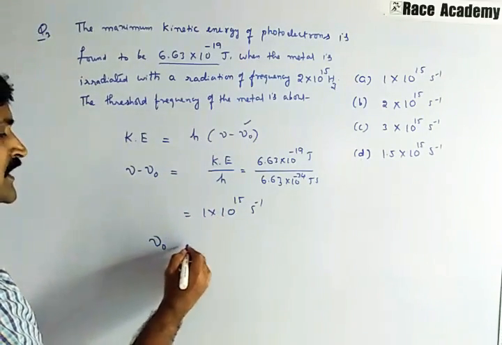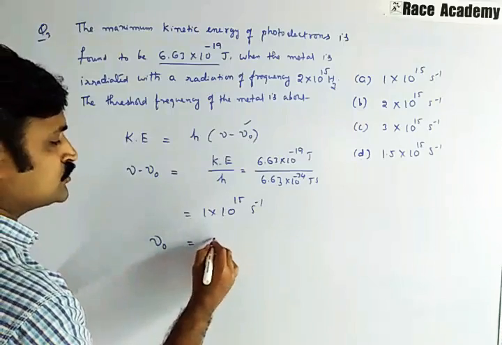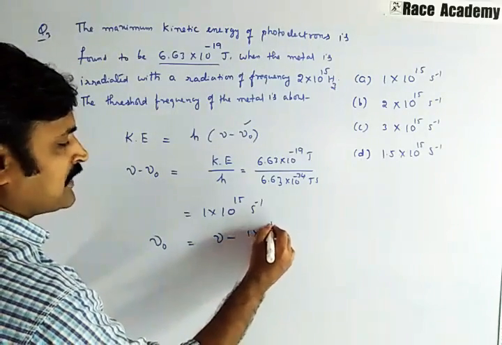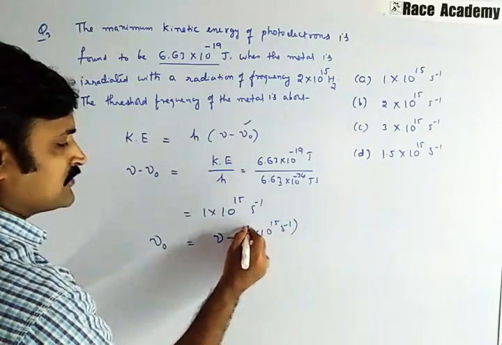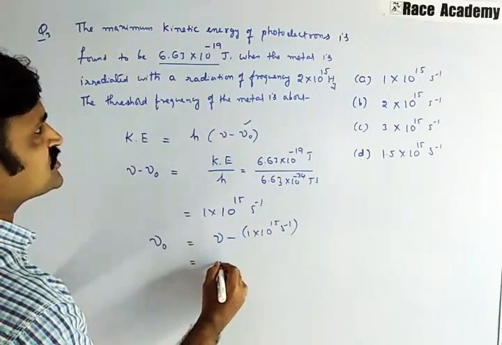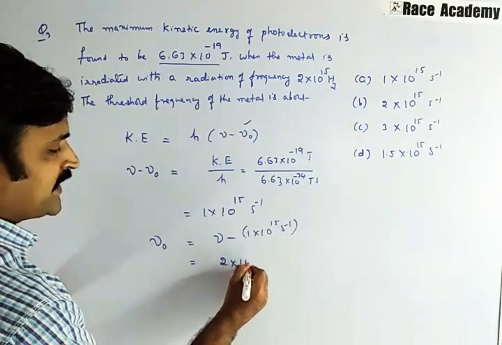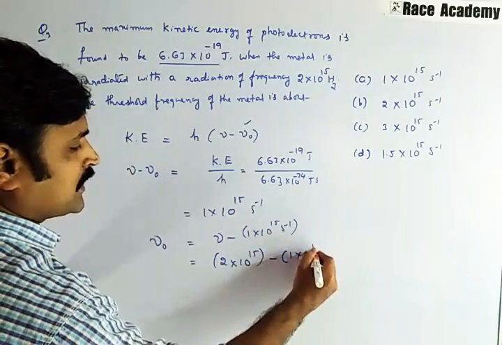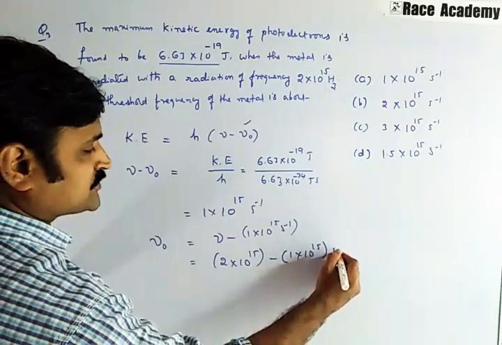We want nu naught. So nu naught will become equal to nu minus this 1 into 10 power 15 second inverse. The nu value given in the question is 2 into 10 to the power of 15 minus 1 into 10 to the power of 15 second inverse.